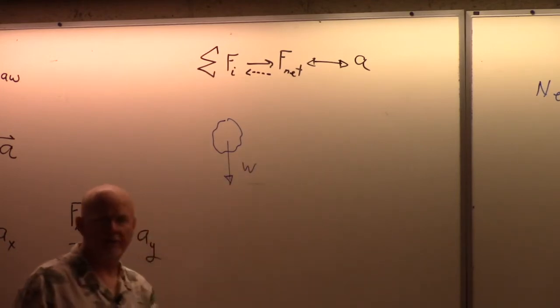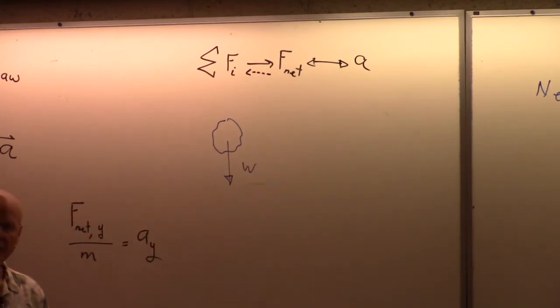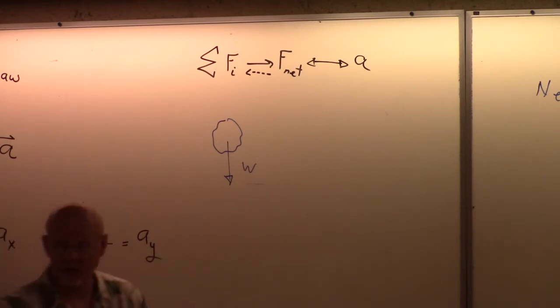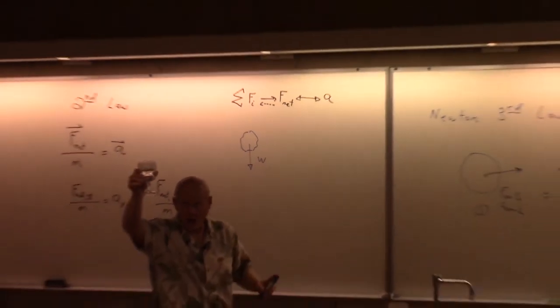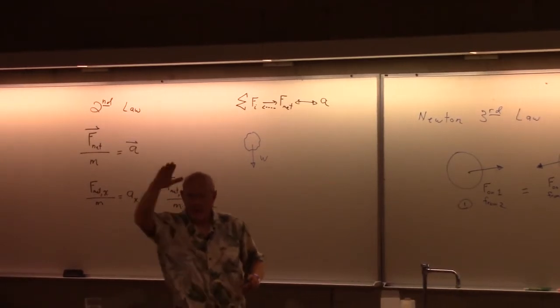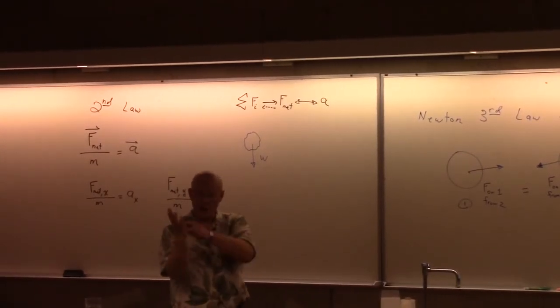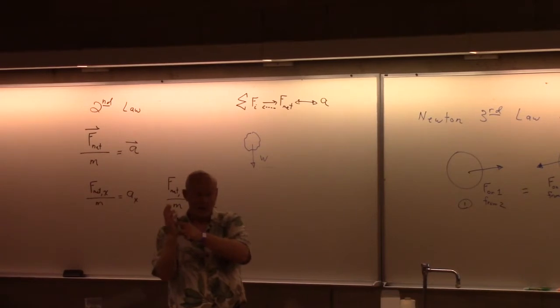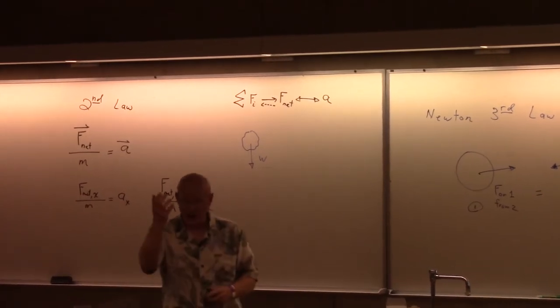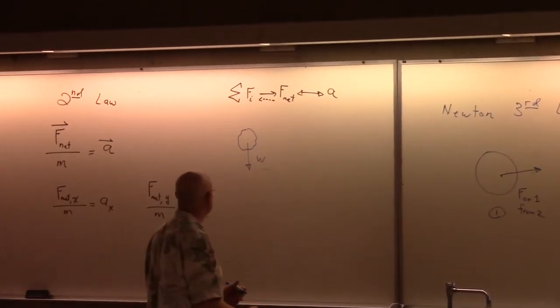So the only force on that object is its weight. So maybe this glass, I won't actually drop it, but if I hold it up and I let it go, at that moment, once I let it go, there's no more force from my hand. And if we ignore the air friction, we'll say it's only its weight.